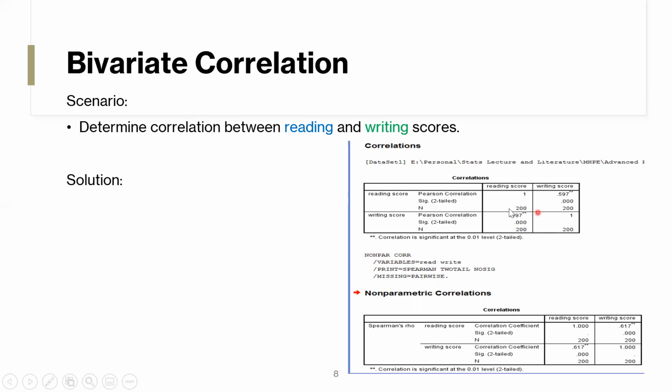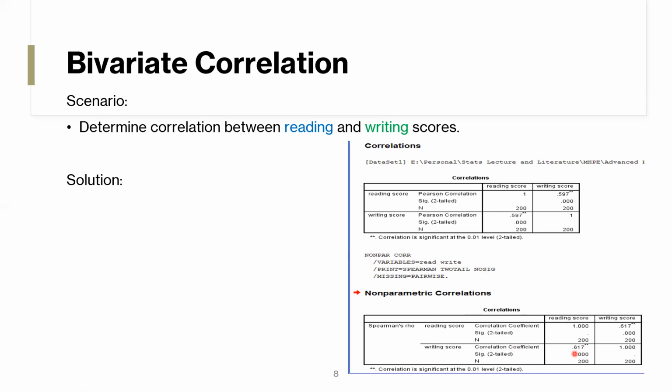Our major cells of concern are either this cell or this cell. We will observe any one of them, as both are the same, 0.597. Similarly here, this is the correlation using the Spearman method, and it also displays a correlation of about 0.6.